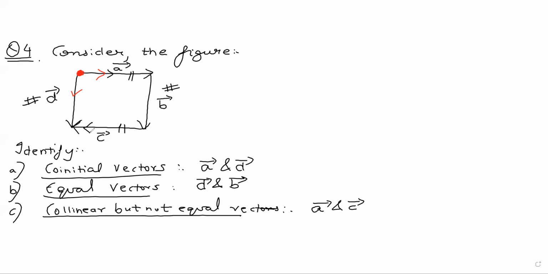So I hope that students have understood this and have no doubts in this. Okay, so guys, let's now move forward to a new concept. Before doing that, let's do a true and false type of question.